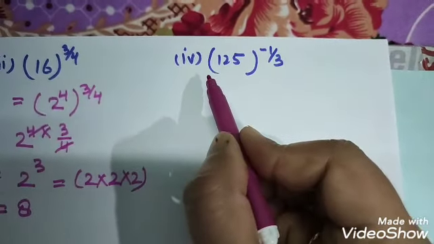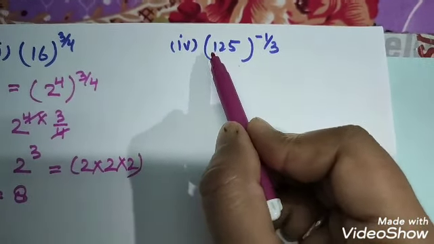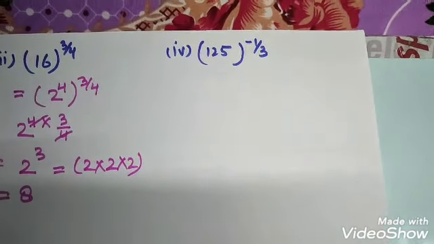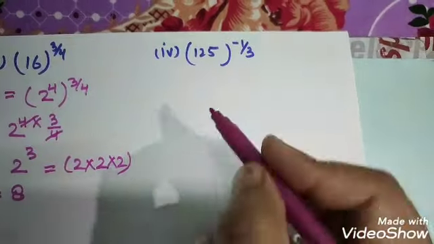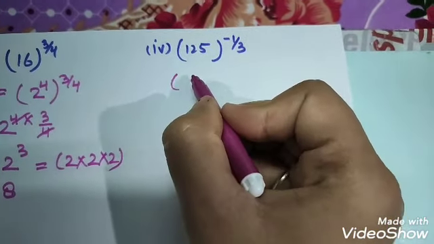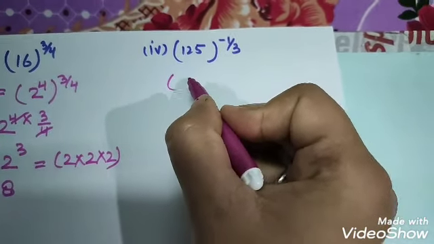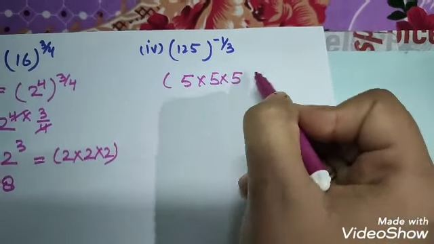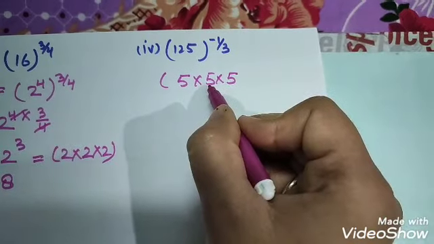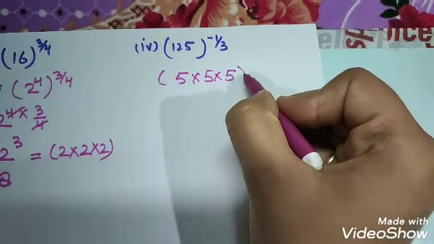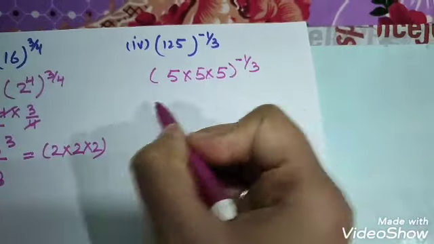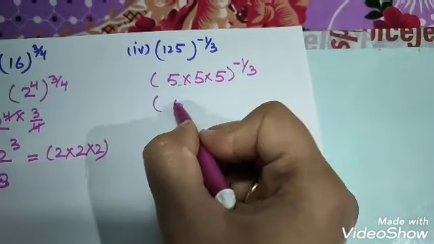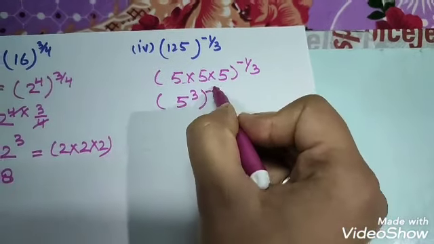So now look, the last part of this question is 125 to the power minus 1 by 3. So look, 125 can be written as 5 to the power 3, when 5 is multiplied 3 times, we will get 125. 5 times 5 is 25, 25 fives are 125. And to the whole power minus 1 by 3 actually. So this can be written as 5 to the power 3, to the whole power minus 1 by 3.